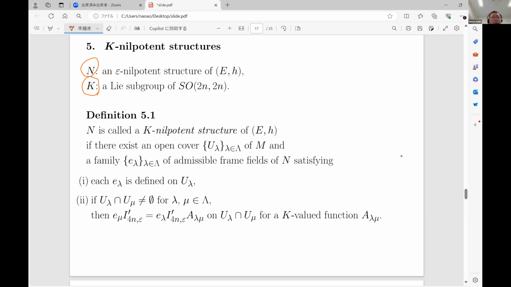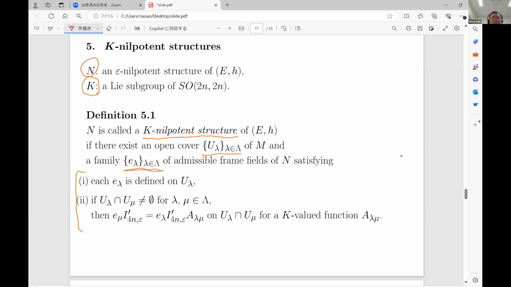Then N is called a K-nilpotent structure of EH if there exists an open cover U_lambda of M and a family of admissible frame fields small e_lambda of N satisfying these two conditions.